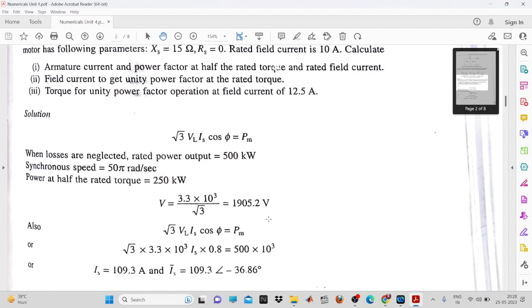Whatever excitation is there, accordingly the field current is going to pass through the rotor winding. So E depends upon the field current. In this case, the excitation has not changed, right? Because the rated field current is there, but the torque will be half. Torque being half means the input current will be half.